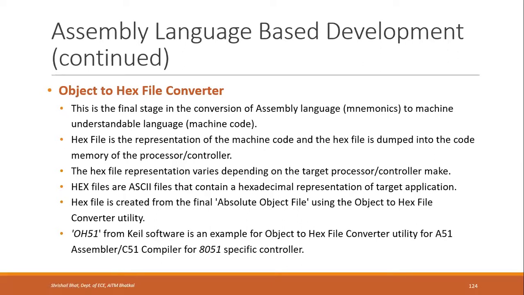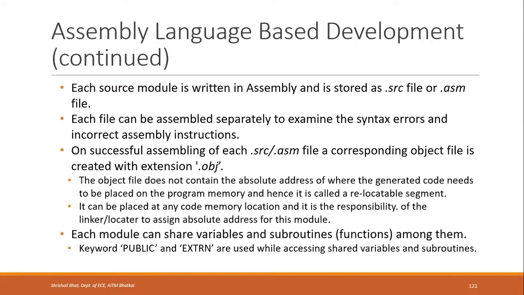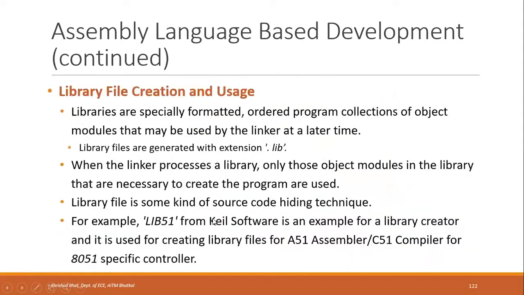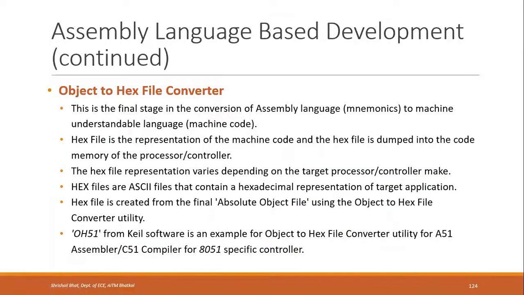It is created from the final absolute object file using an object to hex file converter. Okay, from the absolute object file, you get the machine code with the help of the object to hex file converter. So OH51 is one example of an object to hex file converter, which is used for 8051 controllers.